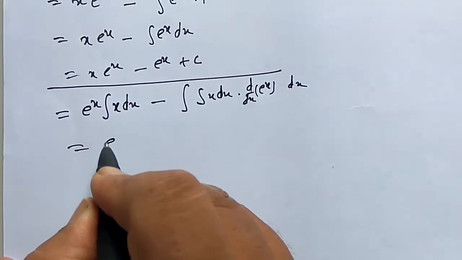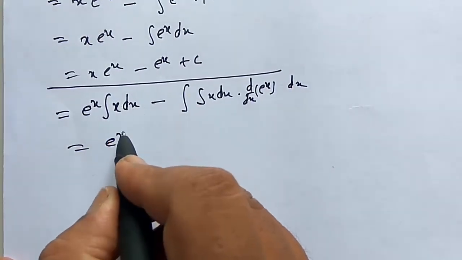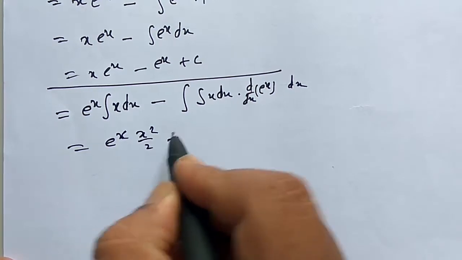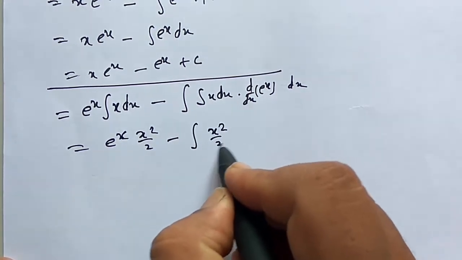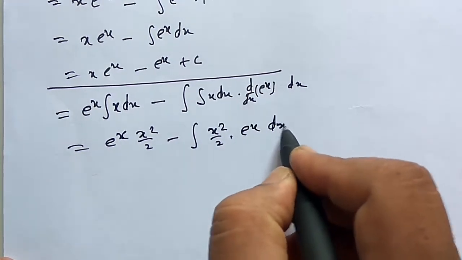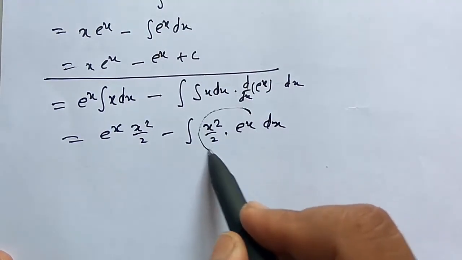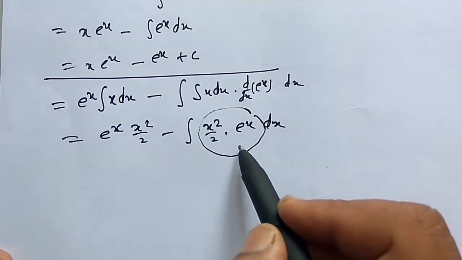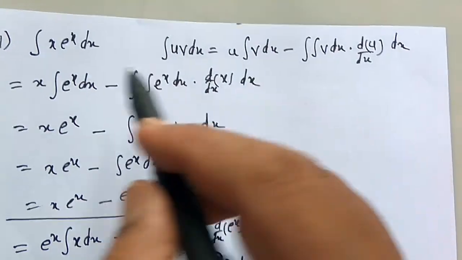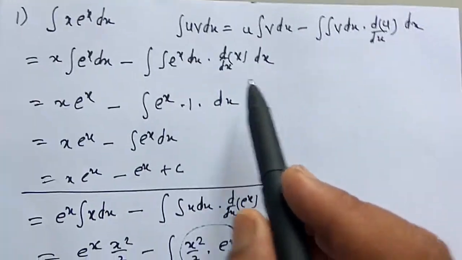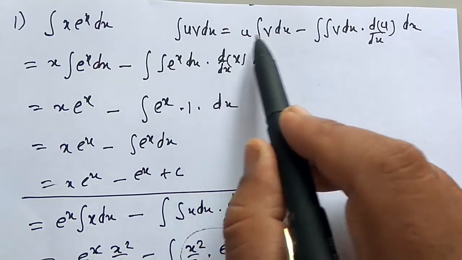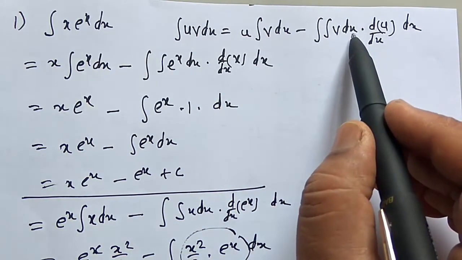So this is equal to e raised to x into x square upon 2 minus integration of x square upon 2 into e raised to x dx. Now it again becomes complicated. So the choice of the first function is very critical in finding the integration by using integration by parts.